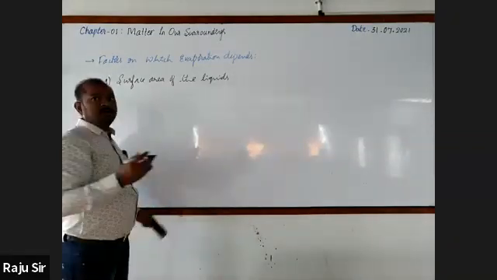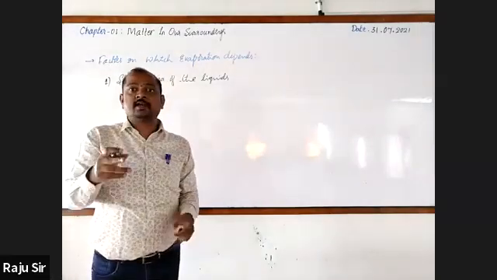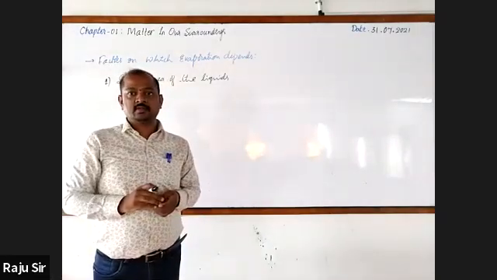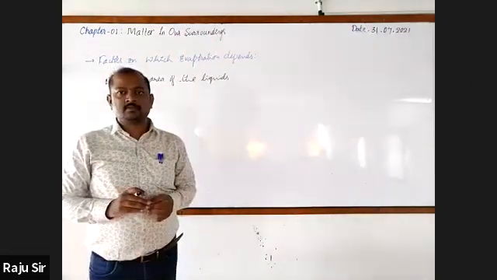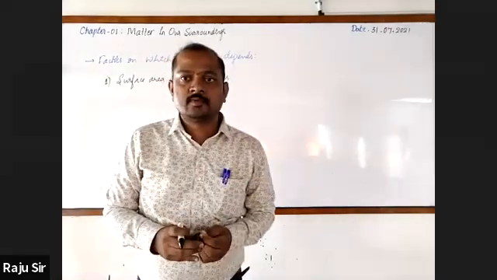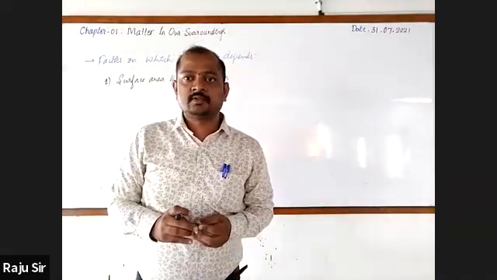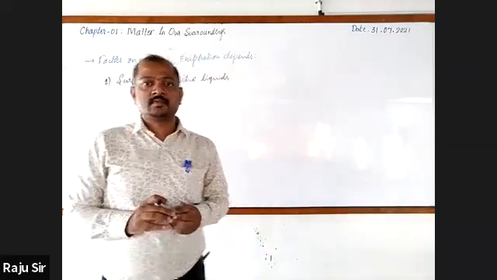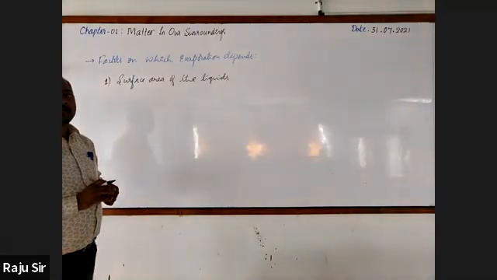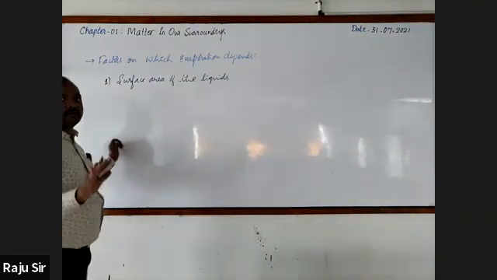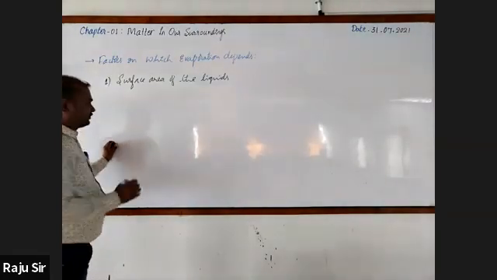What will be the rate of evaporation as the surface area increases? The rate of evaporation also increases. It gets more sunlight, more heat. Directly proportional. The rate of evaporation is directly proportional to the surface area. Just look here.